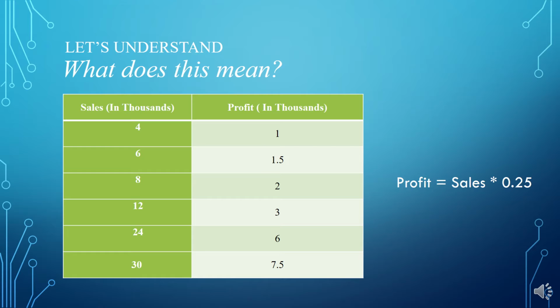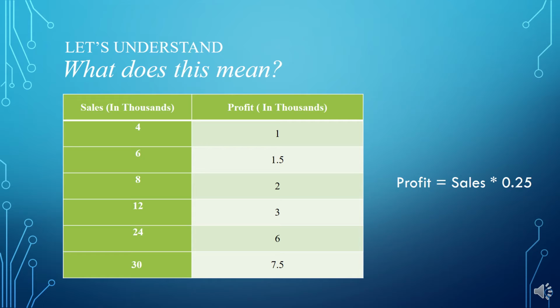Let's understand what this means in layman's terms. Consider you are monitoring sales records of total sales and profit of your supermarket. The data obtained for 7 days was as below. When you have sales of 4,000, you received a profit of 1,000.